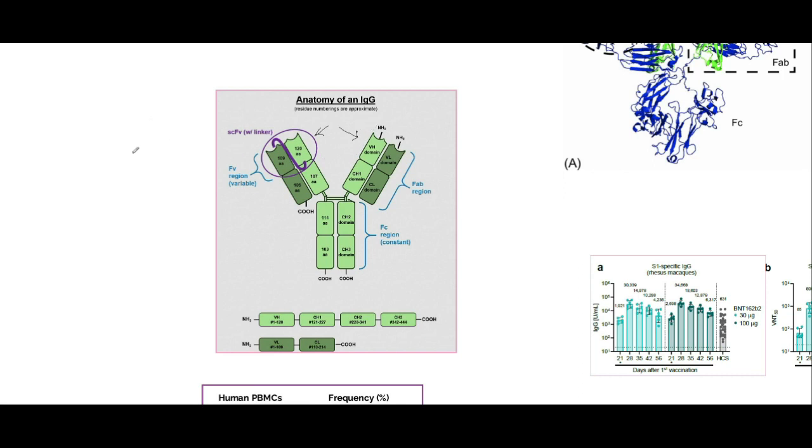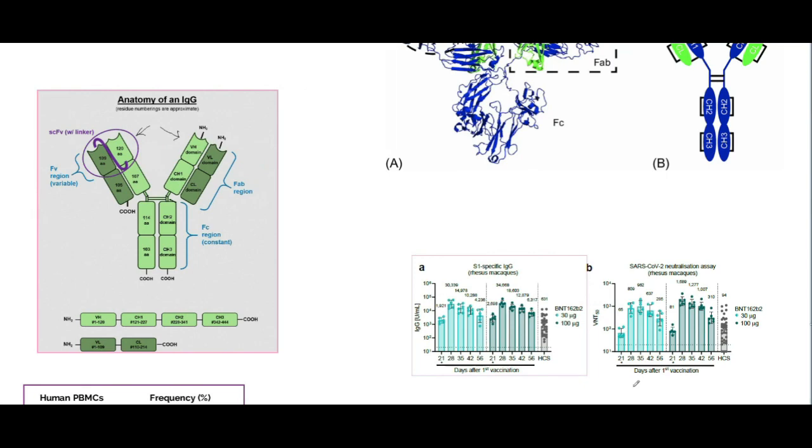When one of these happens to bind our S1 antigen, then at this end it signals to white blood cells, "Hey, I've bound onto something. This is something that shouldn't be here. Start making more of me." And so that's why we want to get this IgG response.